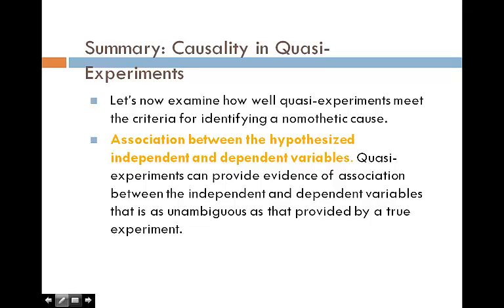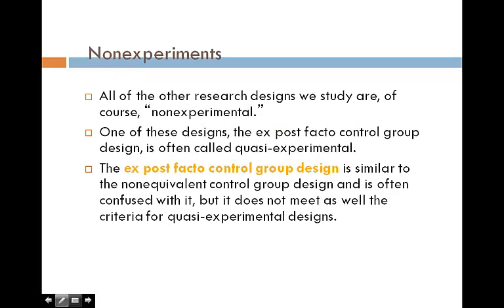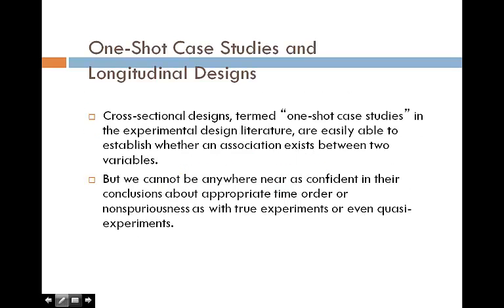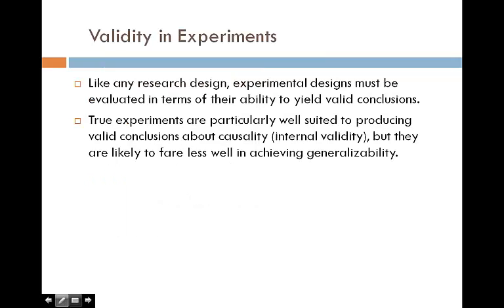There is a summary for causality in quasi-experiments, and we have some detailed discussion. I hope you have time to read this. Validity in experiments: like any research design, experimental designs must be evaluated in terms of their ability to yield valid conclusions. True experiments are particularly well suited to producing valid conclusions about causality, but they are likely to fare less well in achieving generalizability.